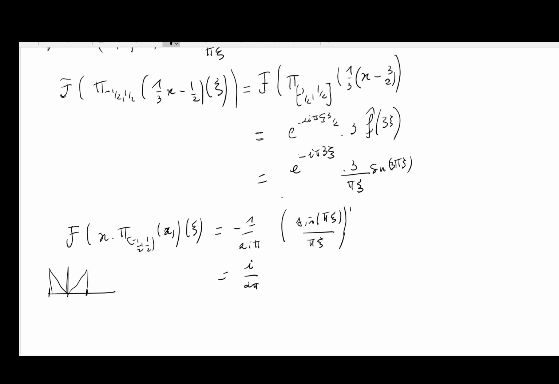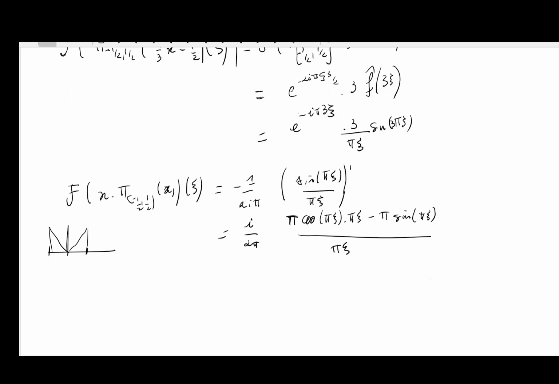So I get pi times the cosine of pi psi times pi psi minus pi times the sine of pi psi, divided by pi psi squared, of course.